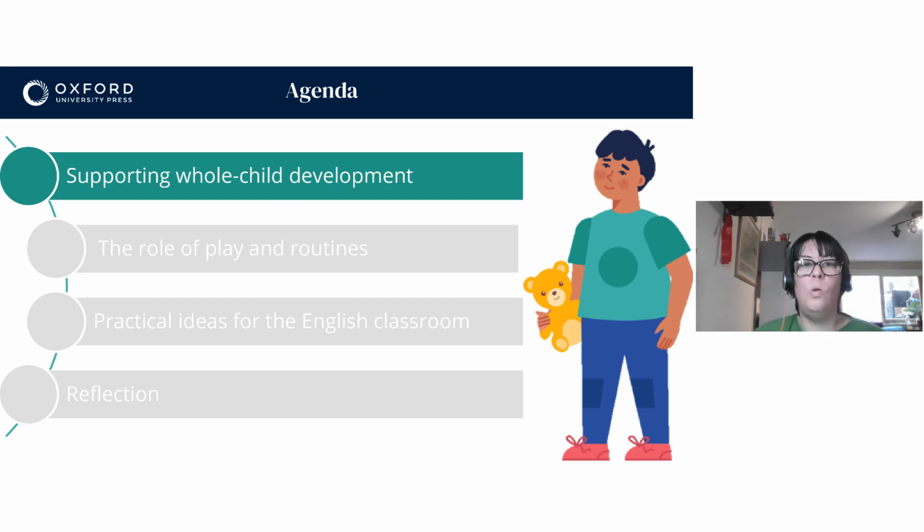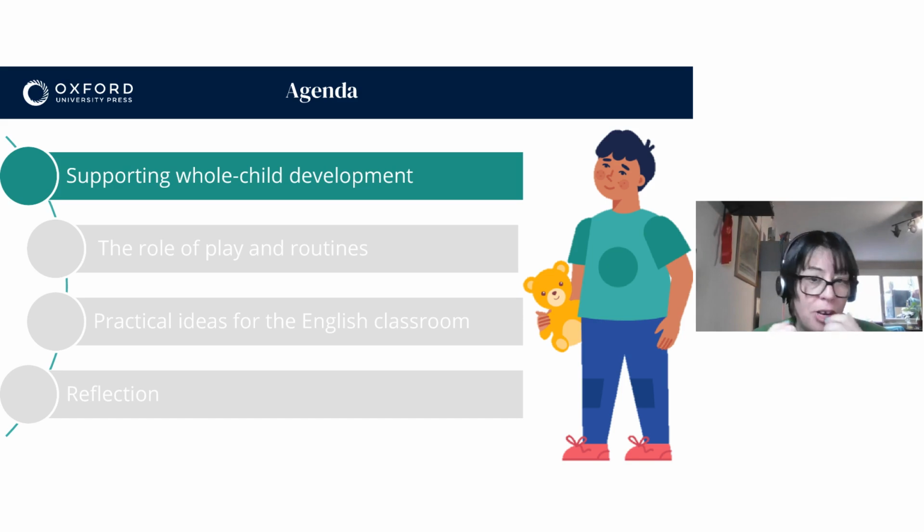Supporting whole child development. I said at the top of this session that I think early primary, pre-primary, KG is the hardest job in teaching English. Because when you're a pre-primary teacher, you may be a pre-primary English teacher, but that's not the only thing you are teaching.